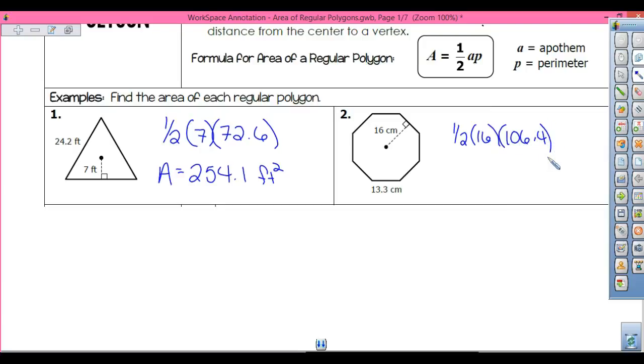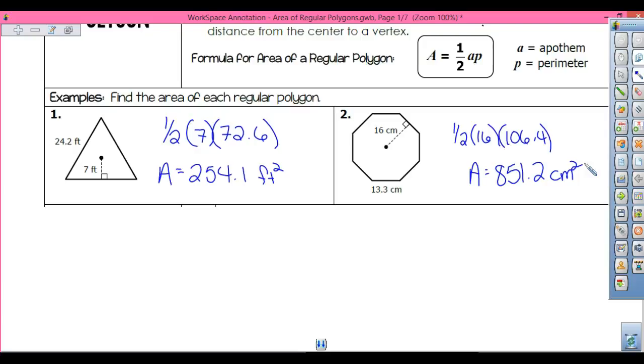So therefore my area is 851.2 centimeters squared. Not too bad when they give you the apothem and the side, right?